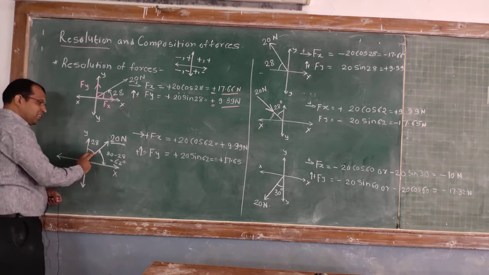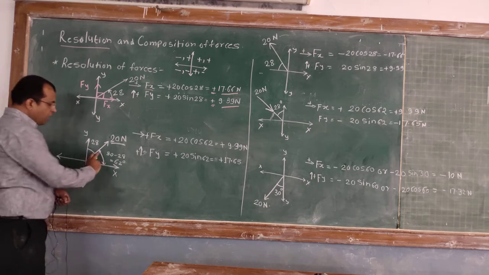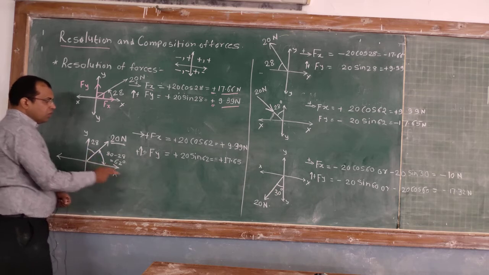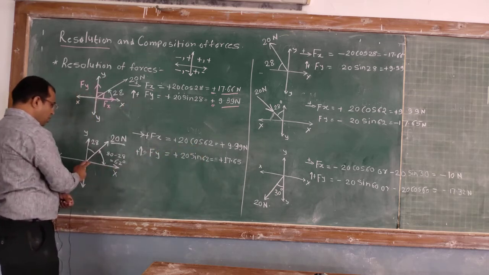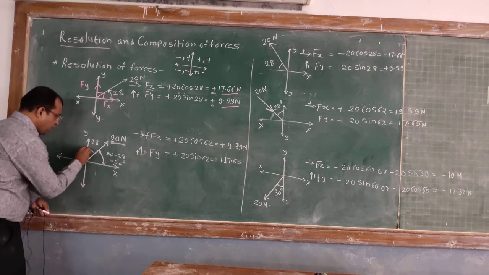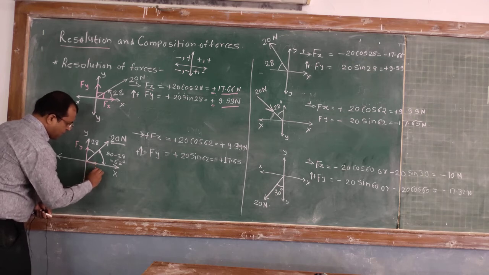When the angle is given with respect to y, you have to find this angle first. This angle comes to 62, and this force is again in the first quadrant. So 20 cos of 62 is the x component, and the vertical component is the y component, f of y, and the horizontal component is f of x.